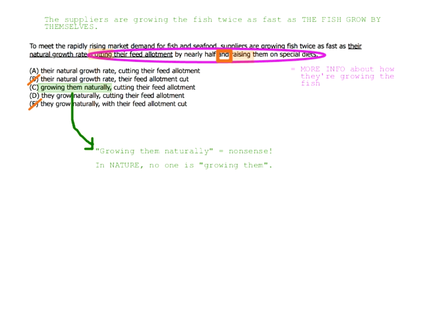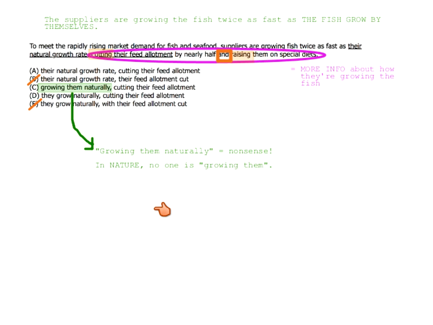Okay, now, this is the kind of thing where you've got A and D left. There is a comma-ing here, although this elimination is pretty straightforward, you don't really have to contend with it. But notice what it's doing. Comma, cutting the feed allotment and raising them on special diets. It's describing that previous action of growing fish really fast.